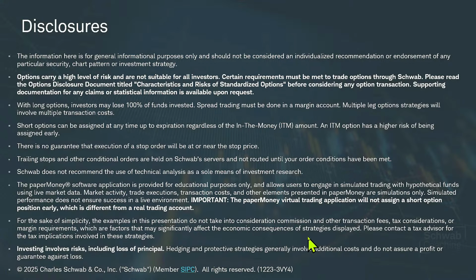Now, we're going to talk about some technical analysis. We're also going to talk about statistical and quantitative analysis in this discussion today. All of those are theoretical in nature. None of those are guaranteed. Schwab doesn't recommend the use of technical analysis or really any one specific method of market analysis as the sole means of investment research. We're going to be using the Thinkorswim desktop software platform today, specifically the paper money version. It is a great learning environment. It's a great sandbox to play in.